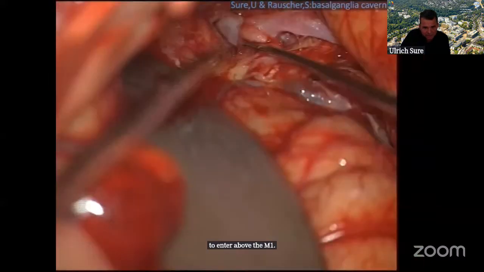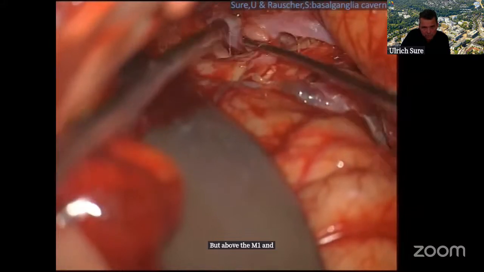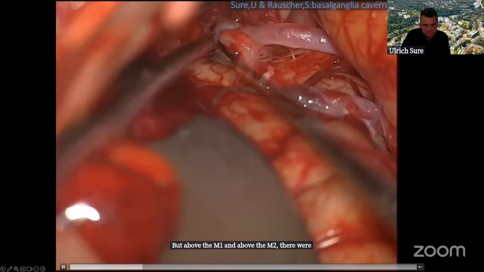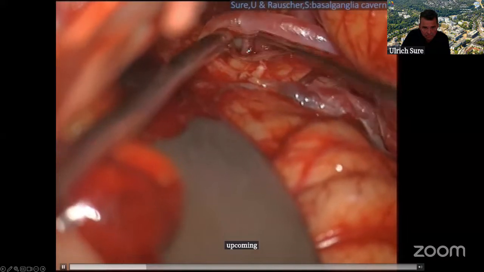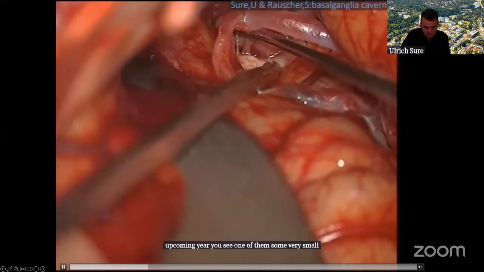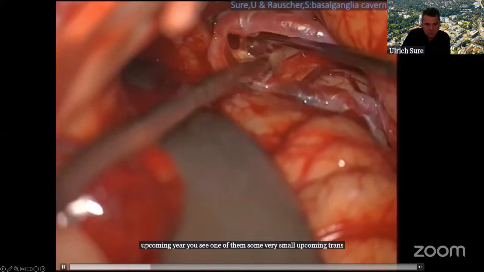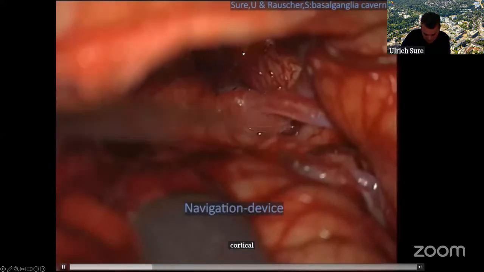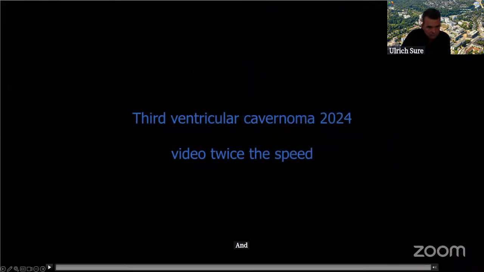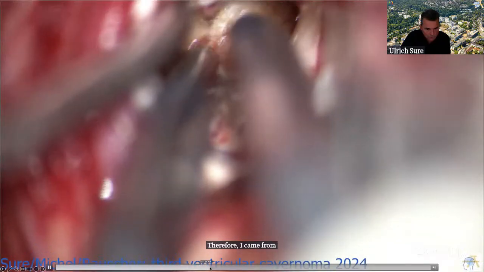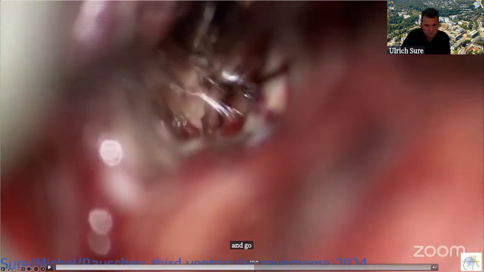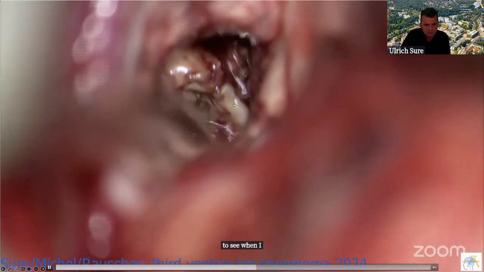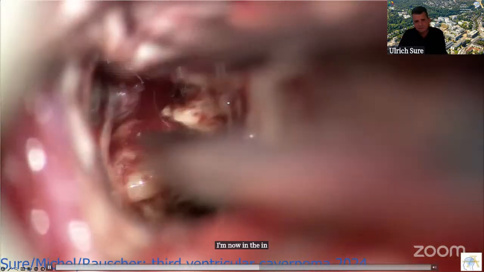But above the M1 and above the M2, there were small upcoming, here you see one of them, some very small upcoming cortical suppliers, and therefore I came from more lateral, and you see when I'm now in the cavernoma, and this is a very high magnification.